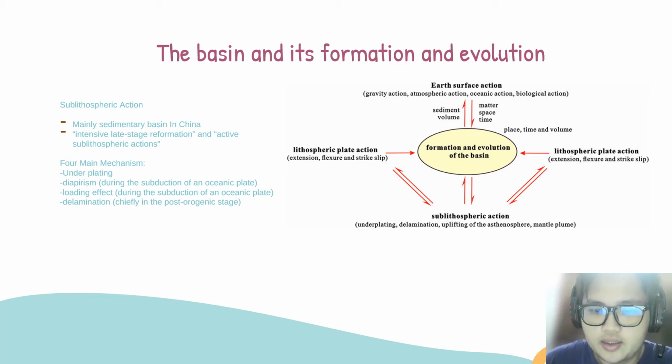The third one is the loading effect, occurring primarily in the collisional orogenic stage and resulting in crustal fracture as well as formation of the orogenic belt and foreland basin. And lastly is delamination, which occurs chiefly in the post-orogenic stage and favors the formation of rift basins.